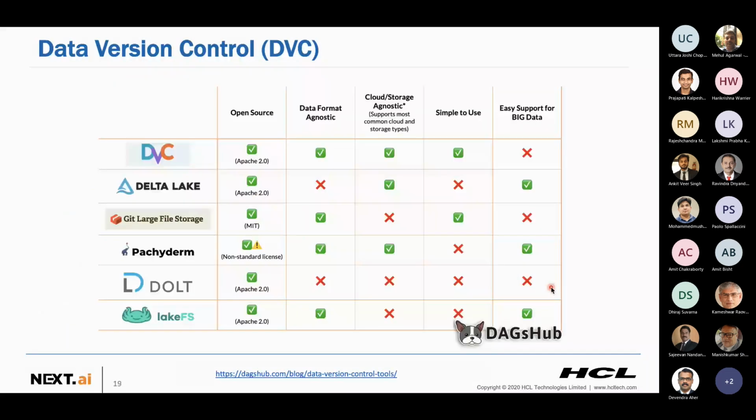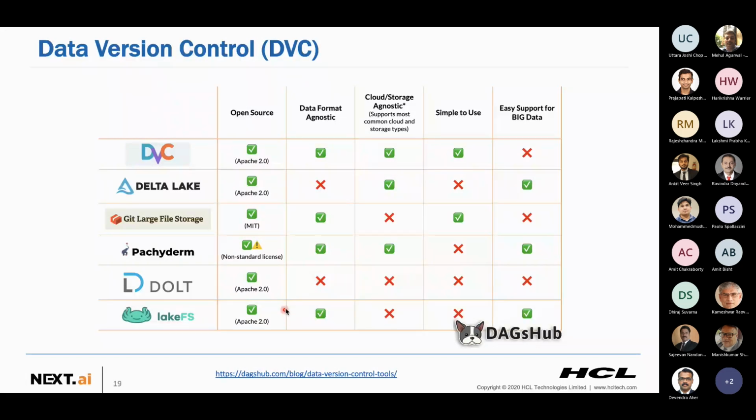These are some of the equivalents of DVC: Delta Lake, Git LFS, Pachyderm, DALT, and LakeFS. So there are multiple tools that are available apart from DVC.